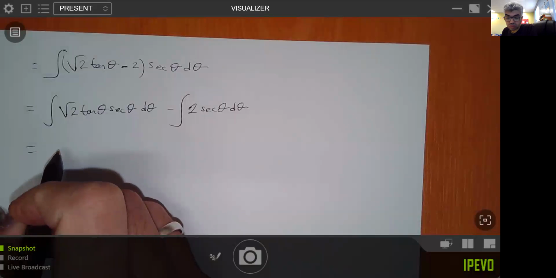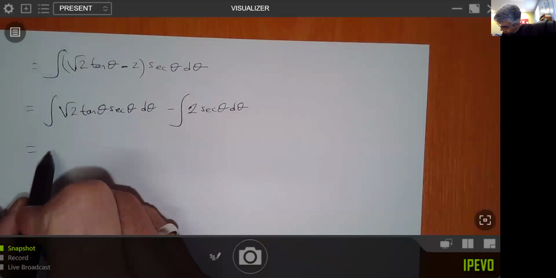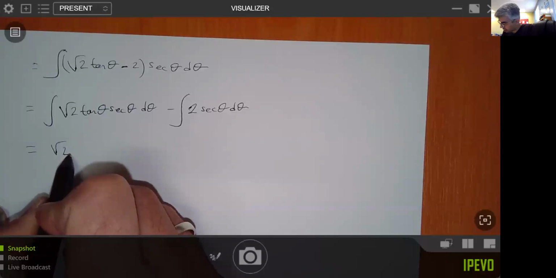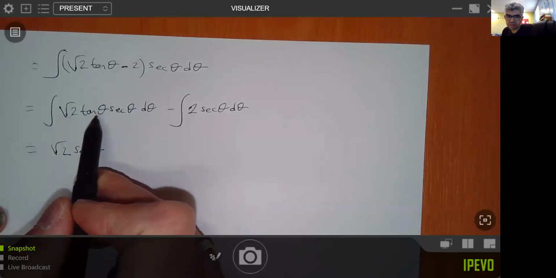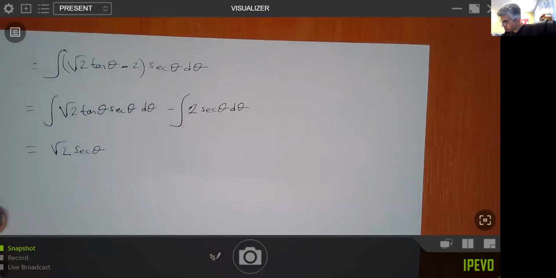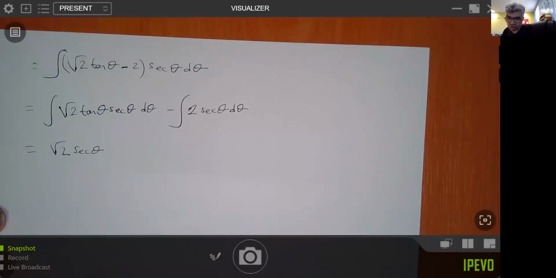So we have root 2 secant theta, because the derivative of secant is tangent times secant. So the integral of tangent times secant is secant, okay?